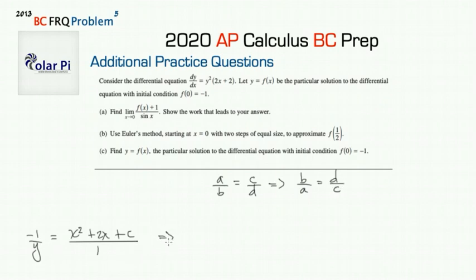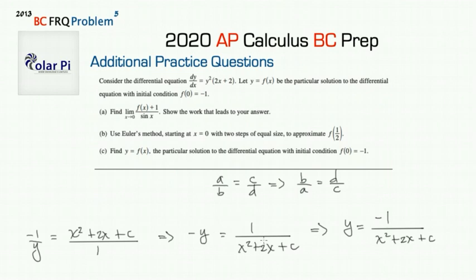This implies that negative y over 1, or negative y, is equal to 1 divided by x squared plus 2x plus c. And so multiply both sides by negative 1, and you're going to get y is equal to negative 1 divided by x squared plus 2x plus c. I see that I'm not practicing what I usually preach.